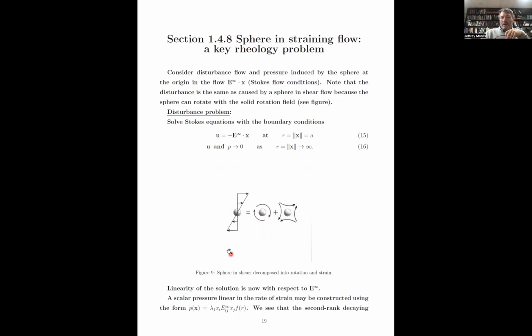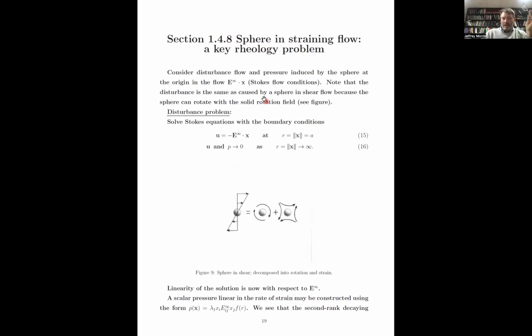Okay, so now I'm solving the problem, since it's a disturbance flow, with the disturbance velocity equal to the undisturbed flow on the surface of the particle, and the velocity and the pressure field off at infinity are zero. So I'm saying the particle is disturbing this straining flow at its surface, and then the flow field decays away.